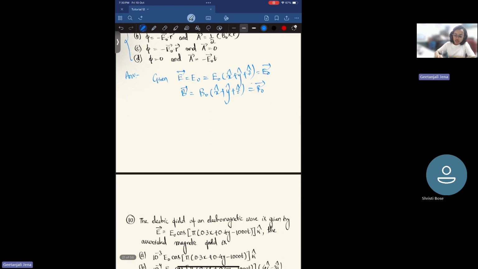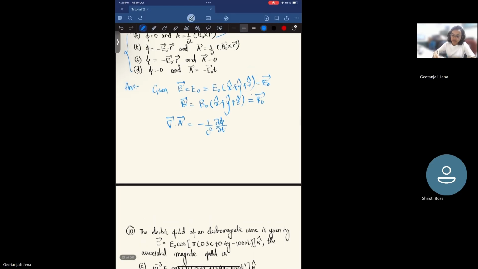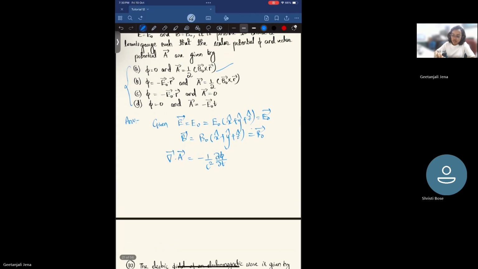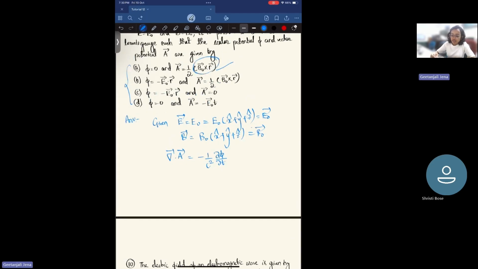And if you recall the Lorentz gauge condition, it is given by divergence of A equals minus 1 by c square dou phi by dou t. Here there is a B0 cross R that we need to calculate.